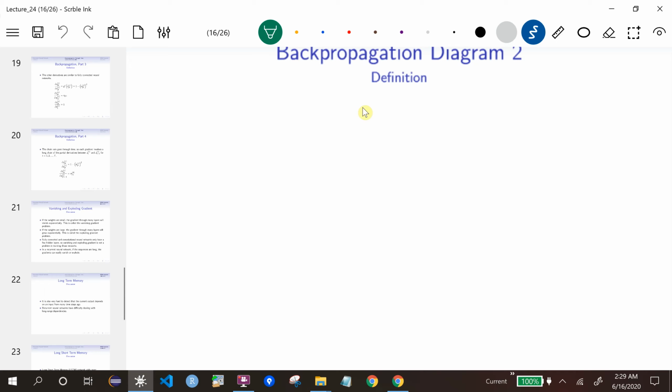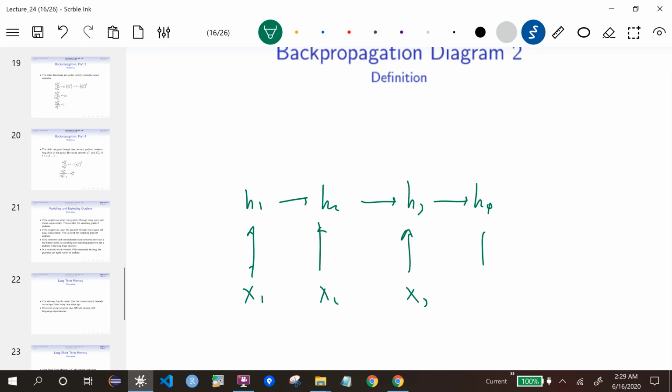So in the previous part of the lecture, we talked about finding the derivatives like h1 and h2 and then h3 and h4. They are connected this way. And say y4 and then c. So when we take the derivative, remember we need to take the derivative of this, and then also this, and also that.